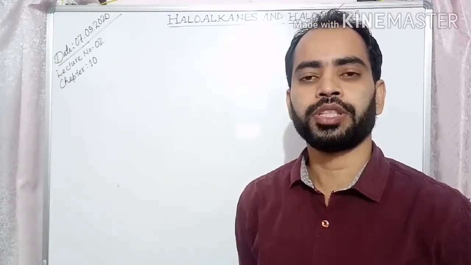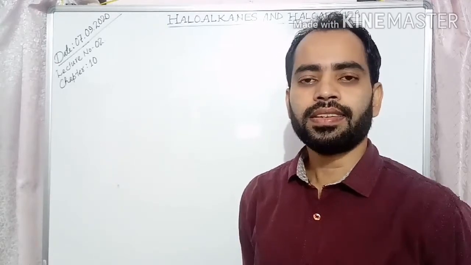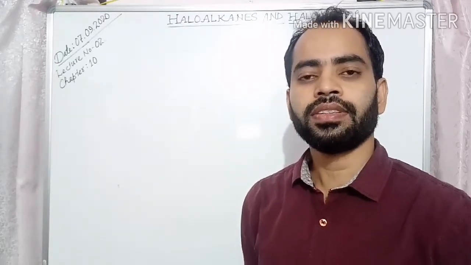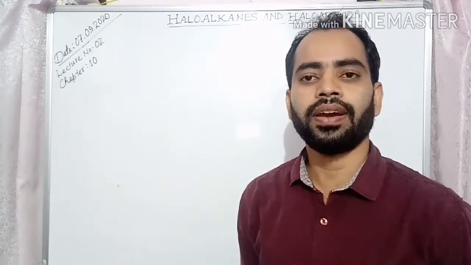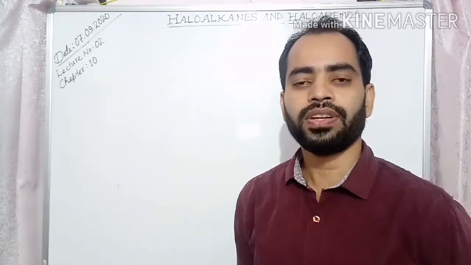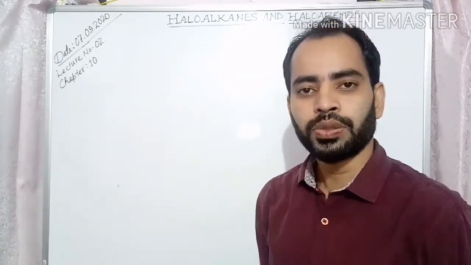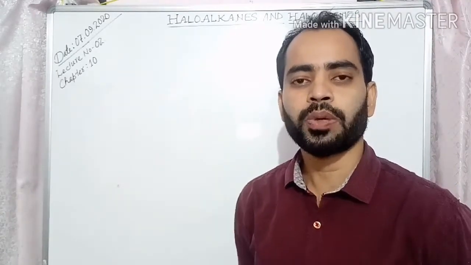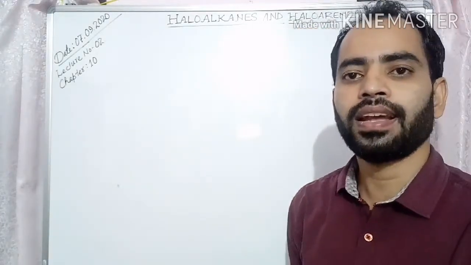This is lecture number 2, in continuation to my previous lecture. In the last lecture we studied chapter number 10, that is haloalkanes and haloarenes. We have already studied what haloalkanes and haloarenes are. Today we'll start a new topic, that is nomenclature of those haloalkanes and haloarenes.